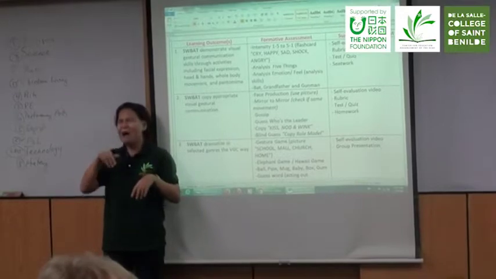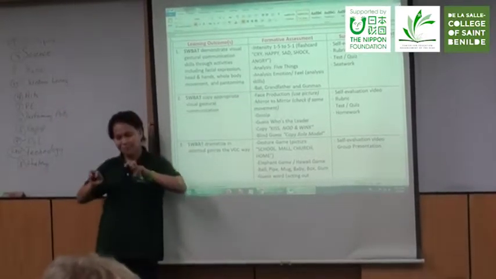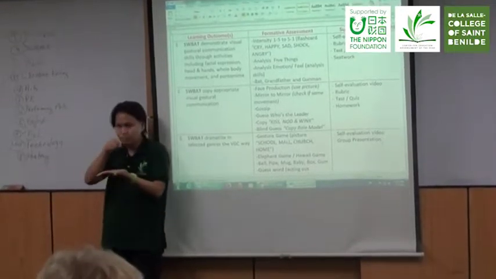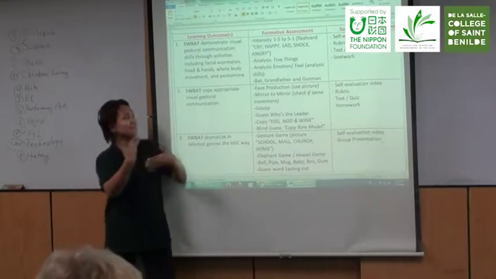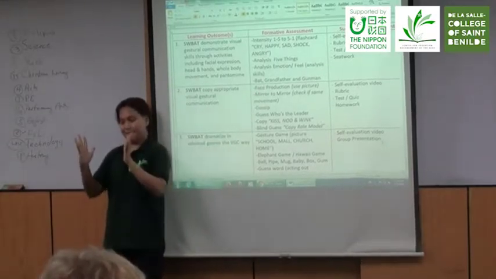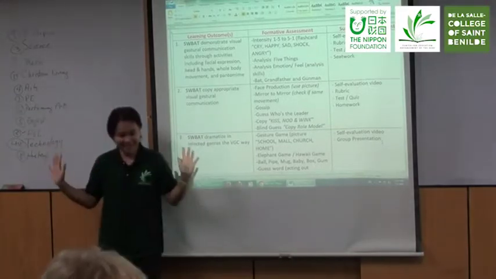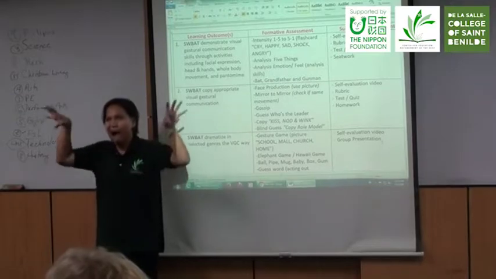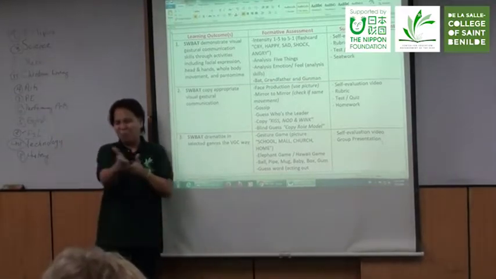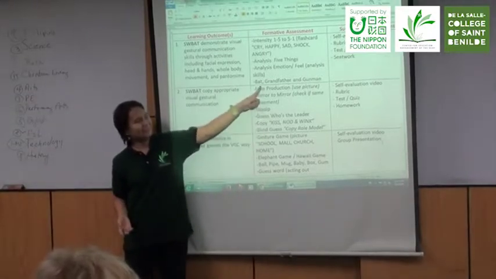So basically, we check the facial expressions and the intensity of them. We have a checklist to see whether or not these features are present. We'll have activities where they express what a bat is, what a grandfather is, what a gun is, and we'll do that in the form of a game.